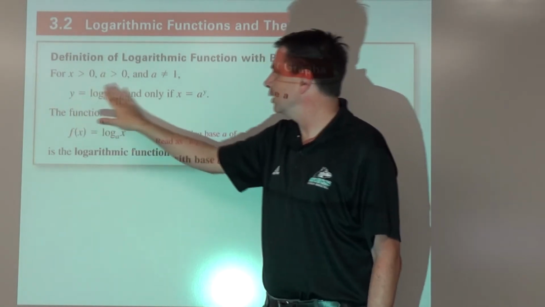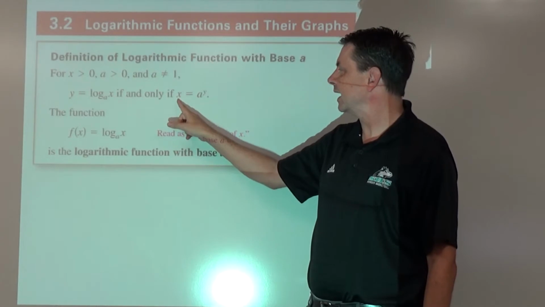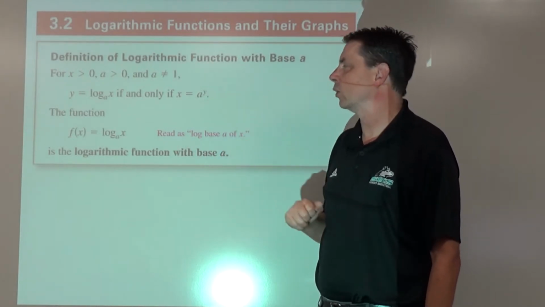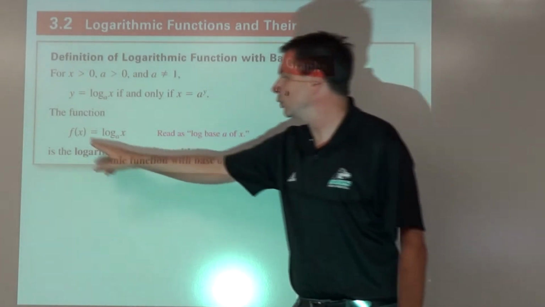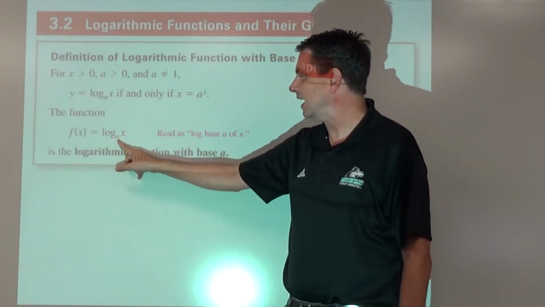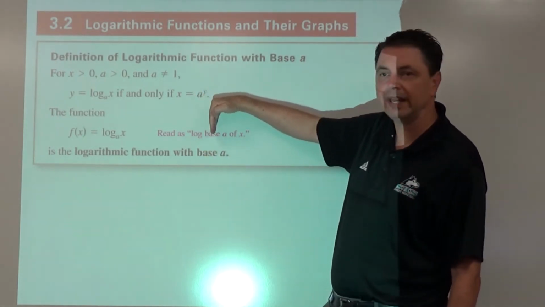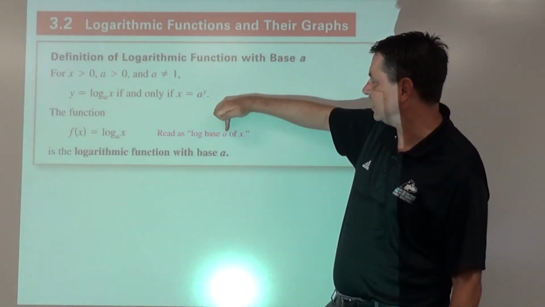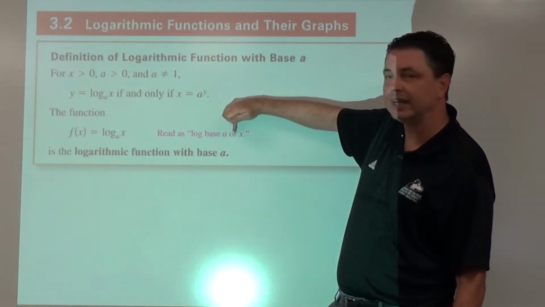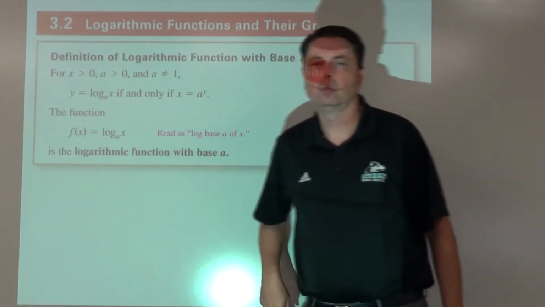And this is true if and only if the exponential equation is true, x equals a to the power of y. So we read it as log base a of x. After you say log, you say the word base, you say what the base is, and we say what we're taking the log of. That's the logarithmic function with base a.